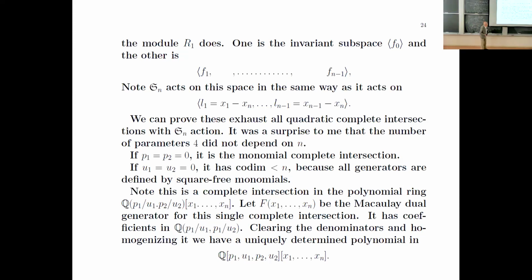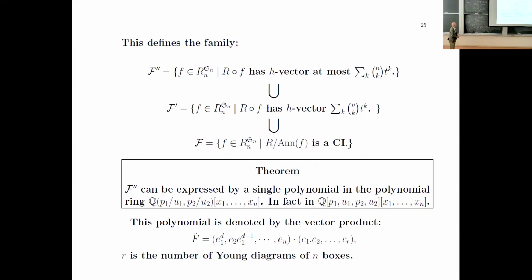So it should have the Macaulay dual generator for this single complete intersection. It has coefficients in this field. But clearing the denominators and homogenizing it, we have a uniquely determined polynomial, one single polynomial in this polynomial ring. So I have explained.